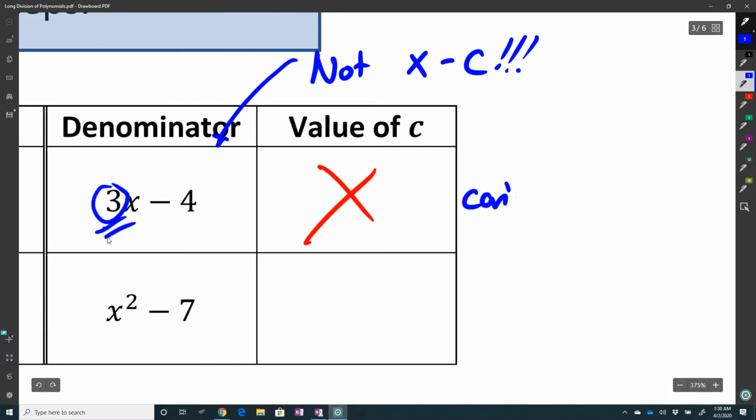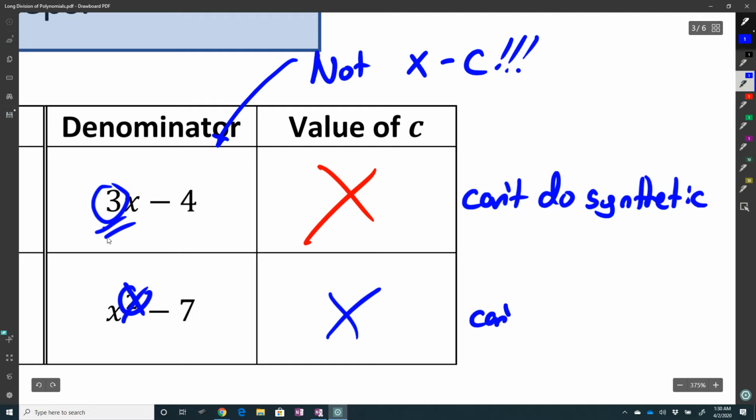You can't do it. Same thing here. Notice because of that exponent, there's no value for c. You can't do it.